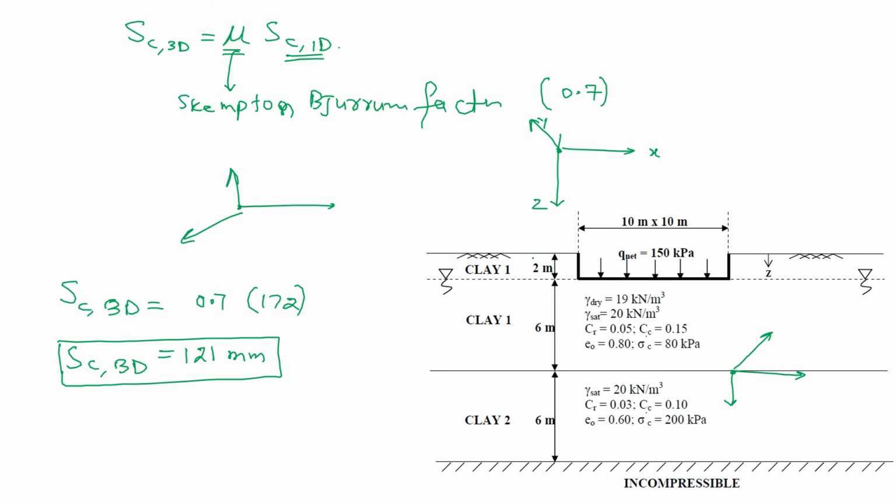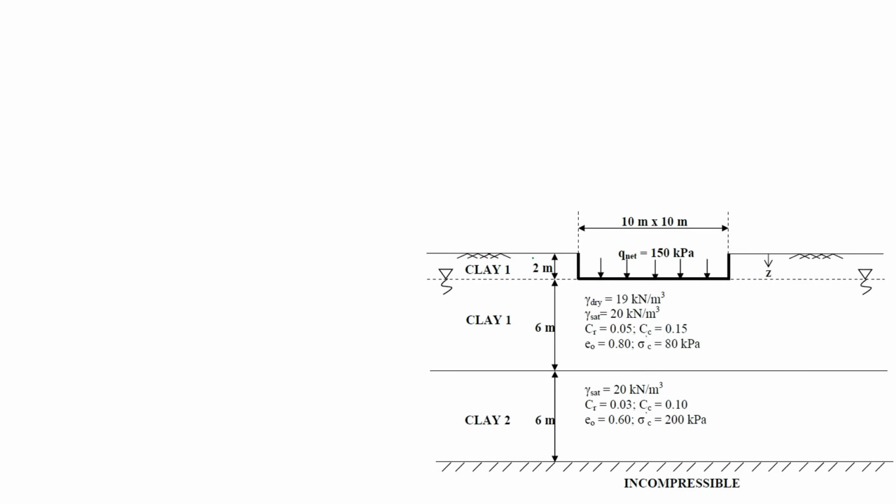For the calculation of stress, we can divide these layers. For the calculation of more accurate and precise consolidation, we can convert these soils into multiple layers. You can convert them into smaller layers, and at the midpoint of each layer you will calculate the vertical effective stress and induced stress.